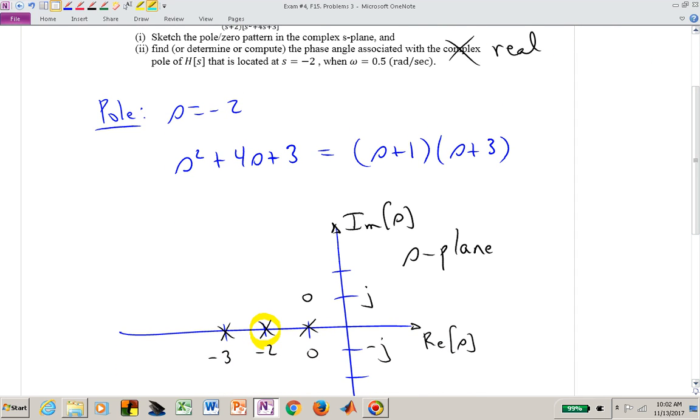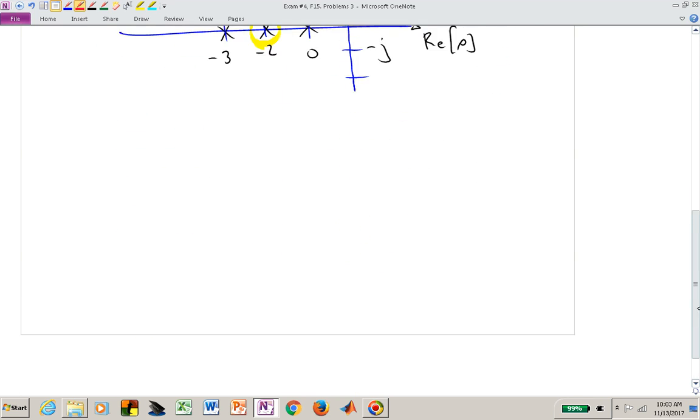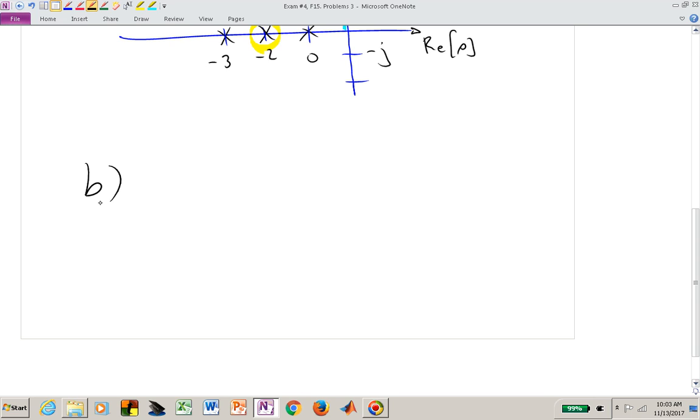Omega is now when we're walking along the imaginary axis, and omega equal to 0.5 puts us right there. Whoops, I just erased my axis. But now that's right there at 0.5. So for part B, you could bring in your protractor if you wanted to: we are over 2 and only up 1/2.